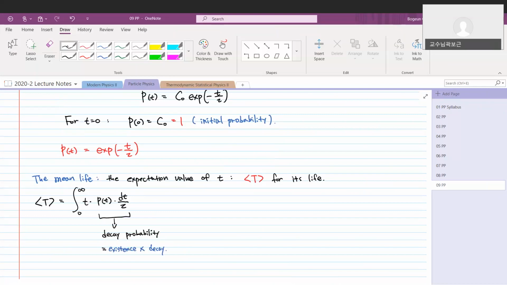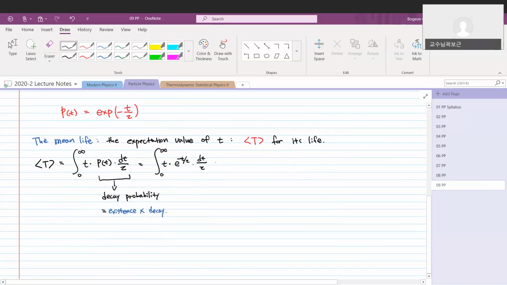Then we need to integrate by parts. The integral from 0 to infinity of time t, exponential minus t over tau, dt over tau. Then let's do the integral by part.